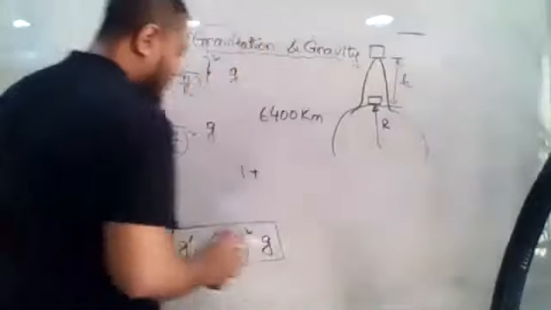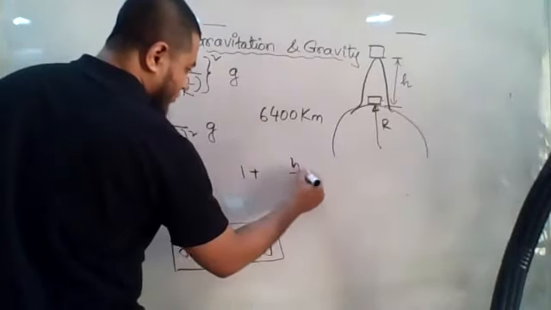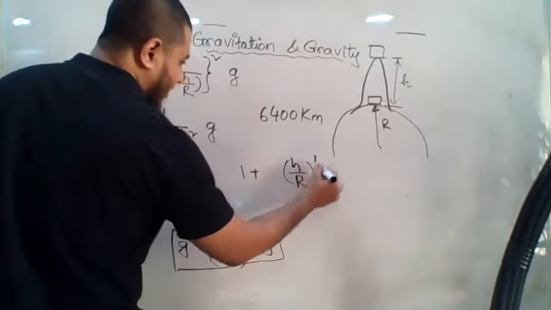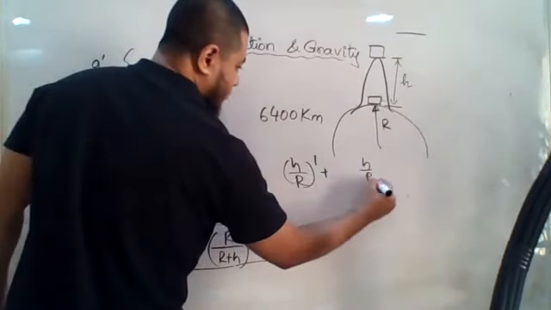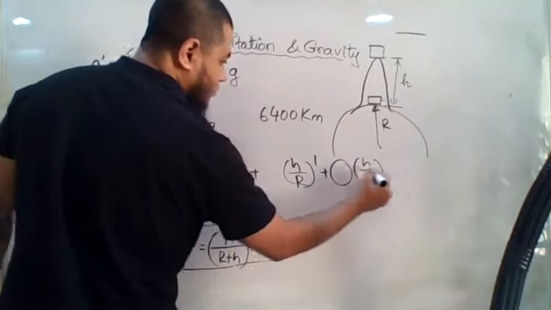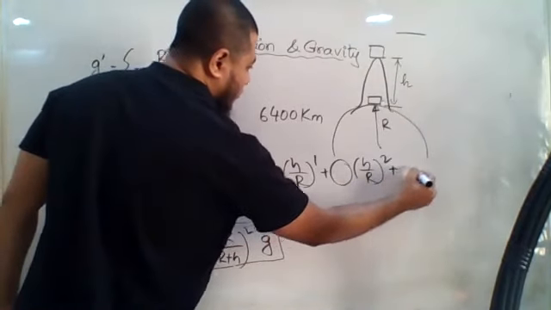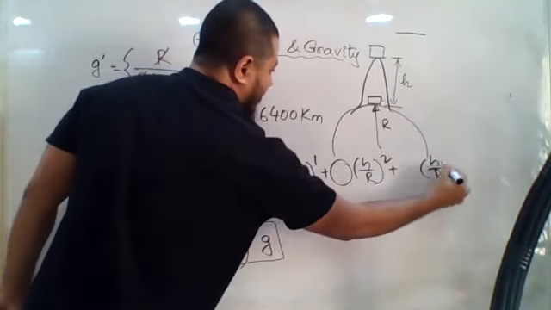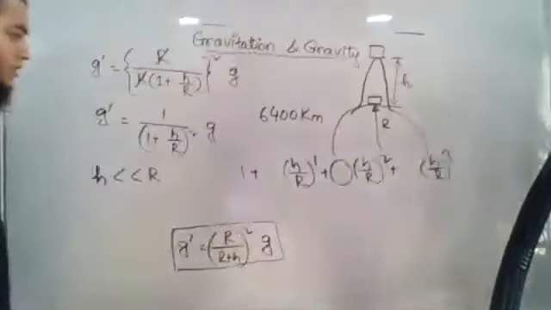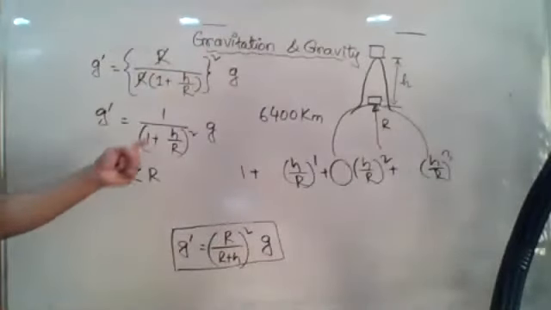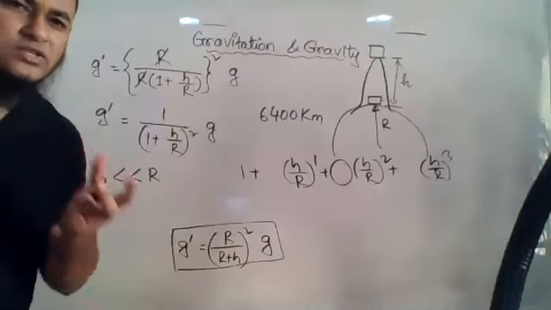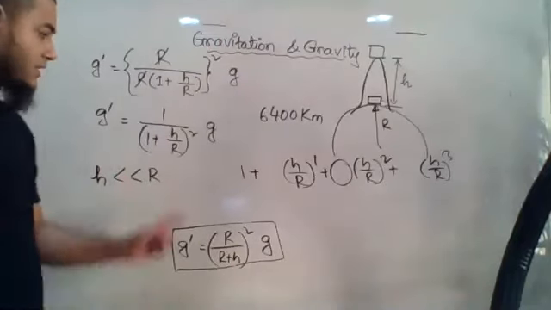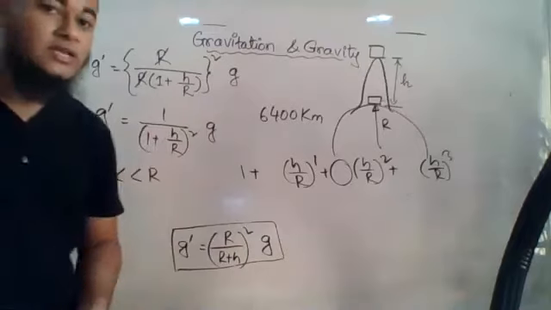Let me give you an example. In this one, there will be h by r to the power 1. In the next one there will be some other values, but it will be h by r to the power 2, then h by r to the power 3, something like that. Now think about this. H by r is actually a very small quantity, and it will be less than 1.